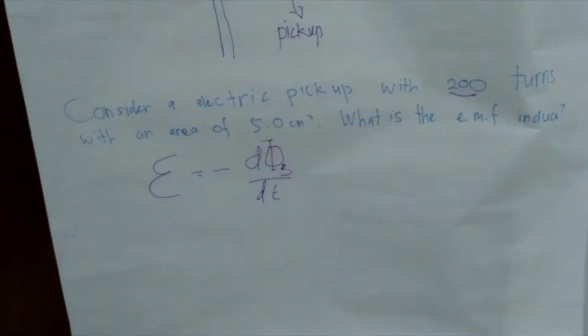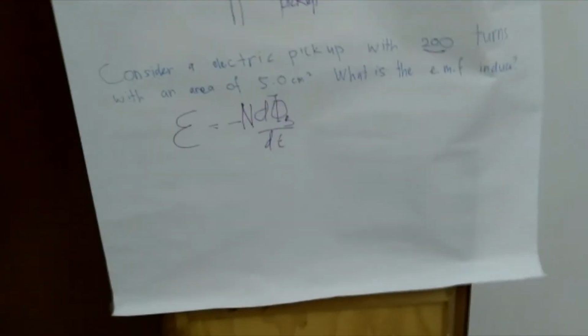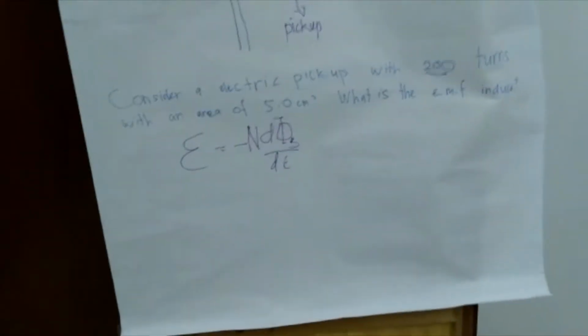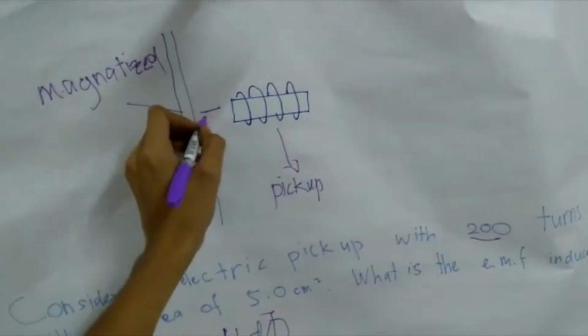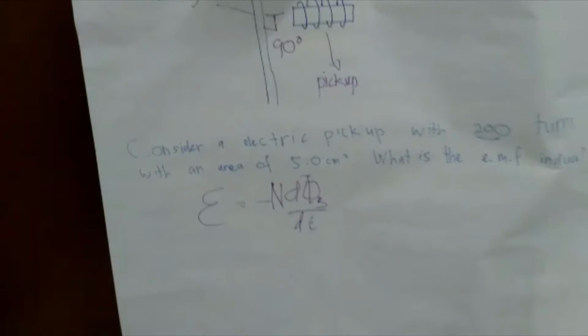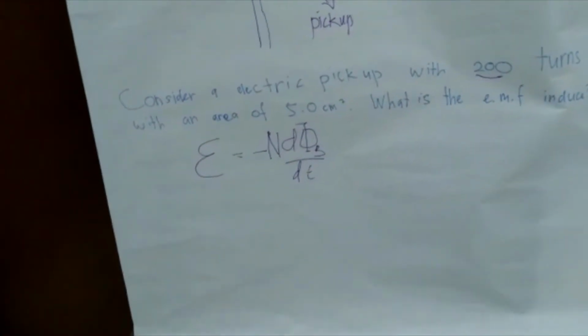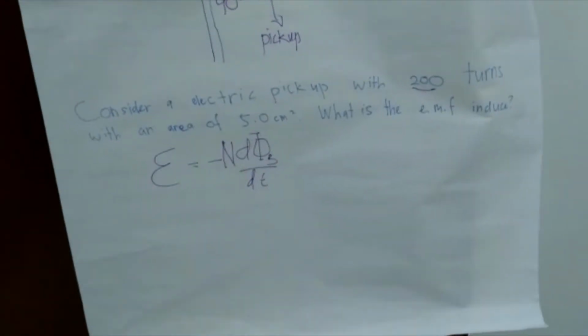Since there is a number of turns in the pickup, we multiply the number of turns with the change in magnetic flux. As you can see, the angle between the pickup and the string is 90 degrees. After that, it's just straightforward, so we can solve this problem.